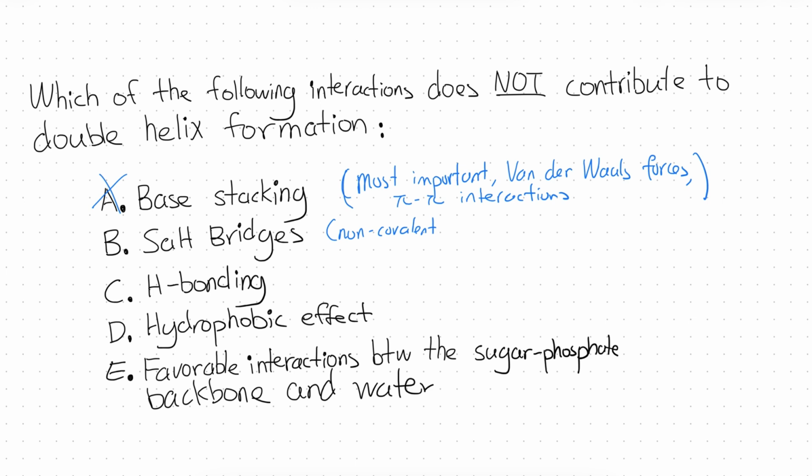So it usually occurs between positive and negative side chains in proteins. And does it happen in helix formation though? Well, think about it. What is the primary charge of sugar phosphate backbones? The sugar phosphate backbone contains highly negative phosphate groups, PO4 3-, right?